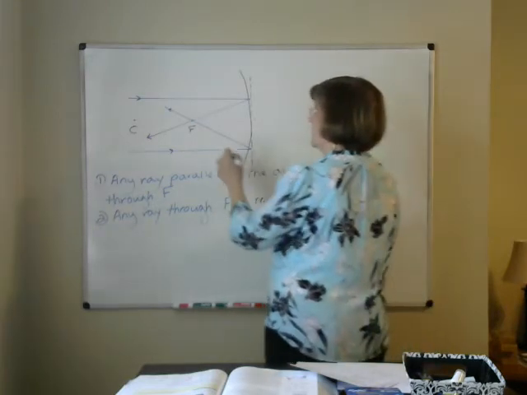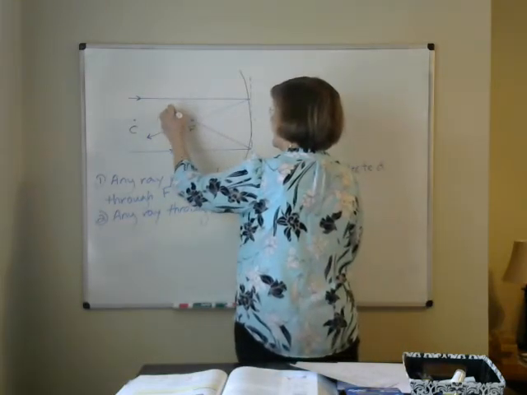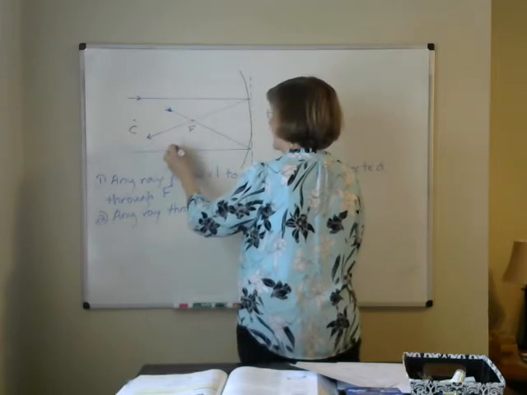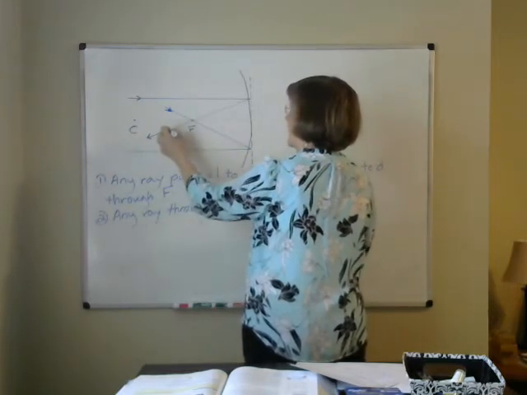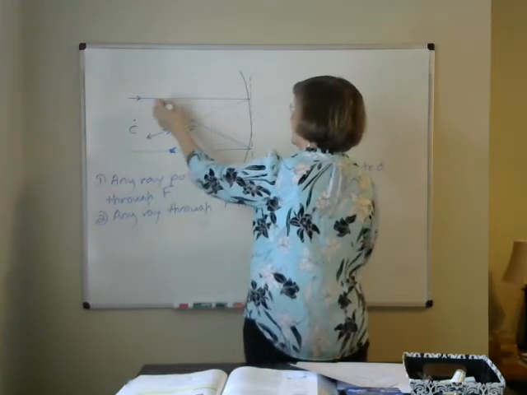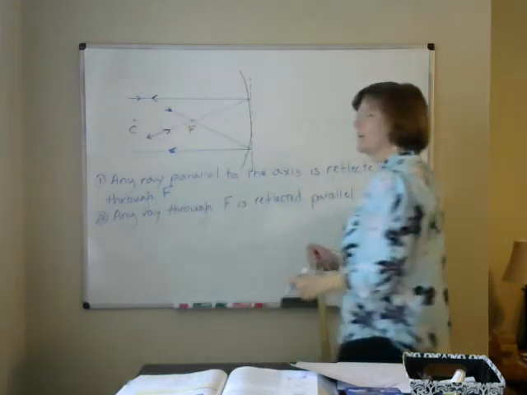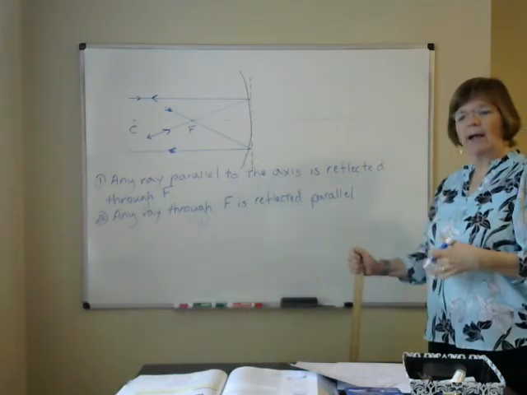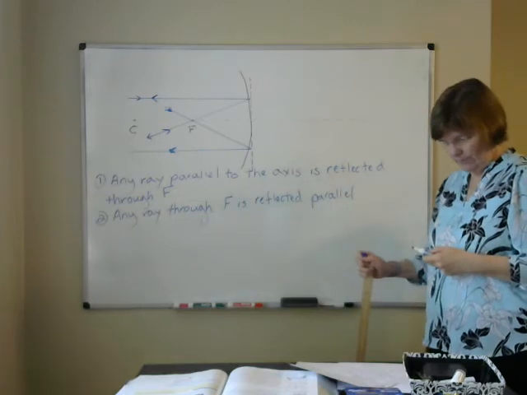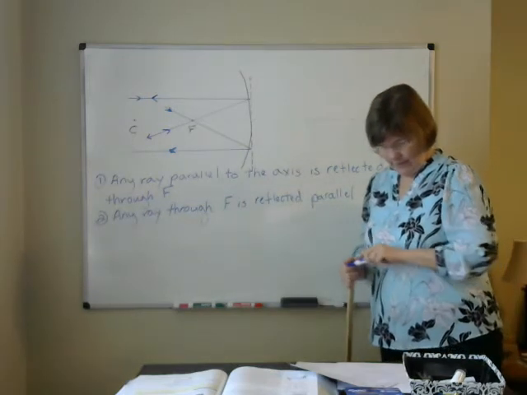Okay, I could turn these arrows and say this was incoming through F, it would reflect parallel. Or if this ray was going this way through F, it would reflect parallel because the path of a ray of light is completely reversible. Okay.